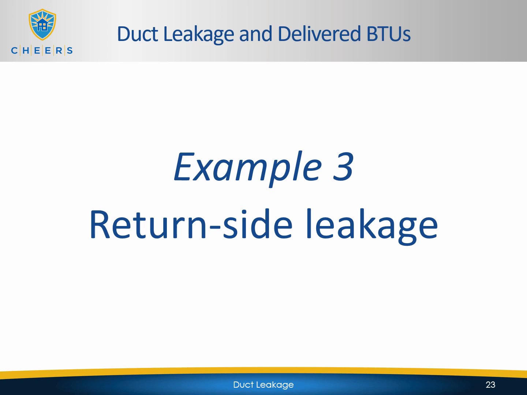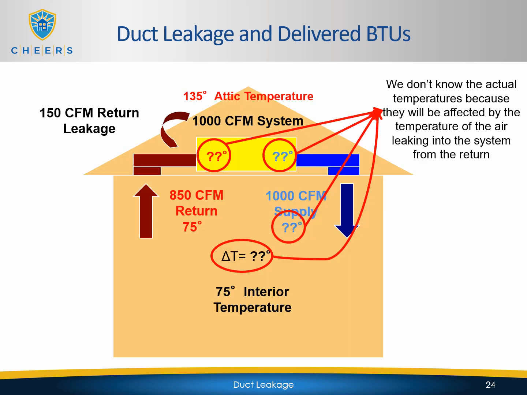In the third example, we have return side leakage. The only difference with this scenario is that now we don't know the temperature on the return side, because now we'll be sucking air from the attic. We have 75 degree interior temperature and we have 135 degree attic temperature because it's a hot attic. So the hot air being sucked into the return plenum is going to affect the temperature of the actual air being introduced in the system.